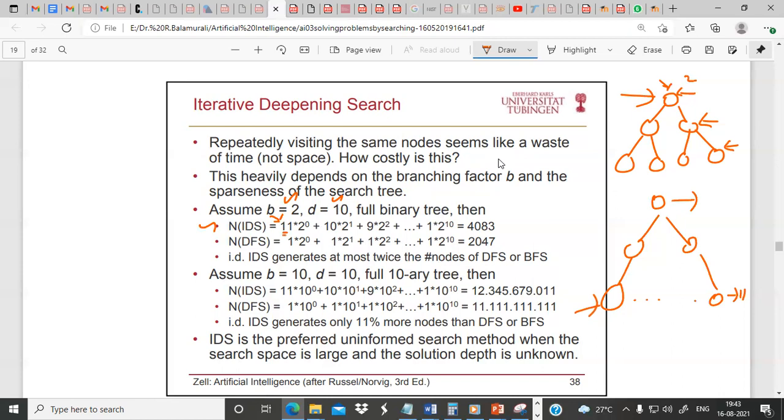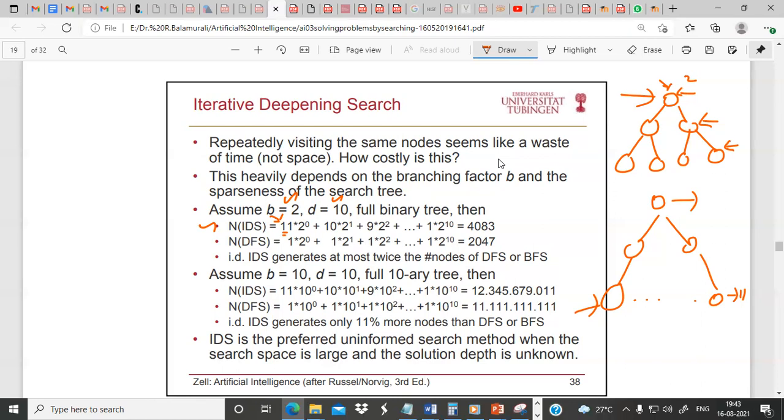So it is 11 into 2 to the power 0. Right? Because these nodes will be explored only once. We are not going to explore them more than once.